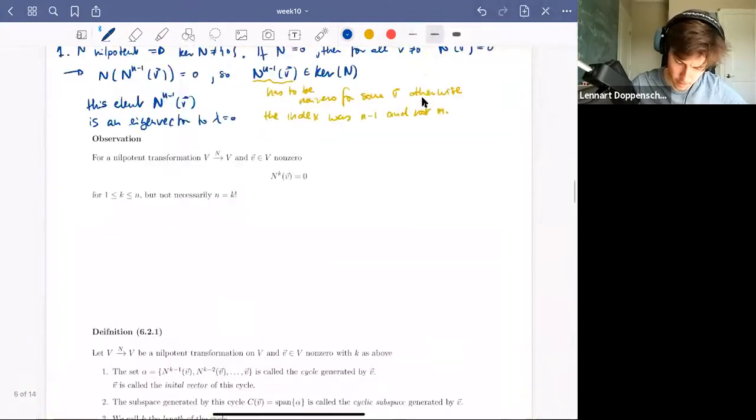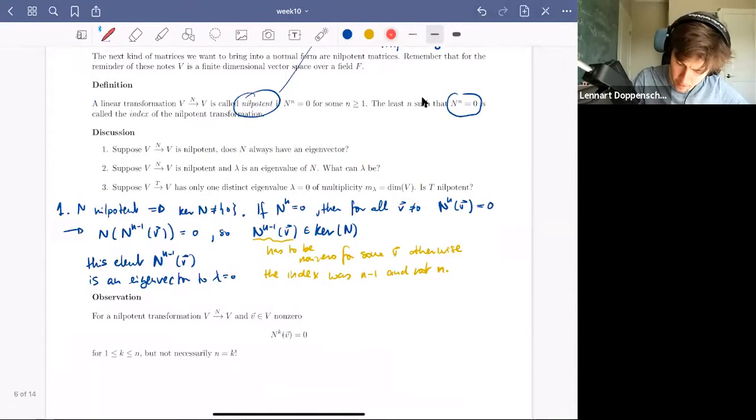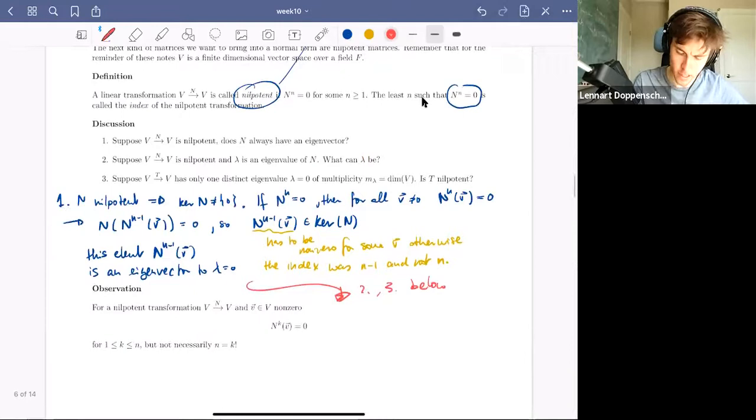So let me refer to 2 and 3 below. Suppose there is some eigenvalue. Can it be anything else but 0? Yeah, I think Adrian, that's what you wrote in the chat.